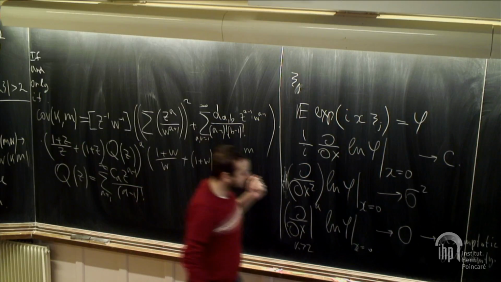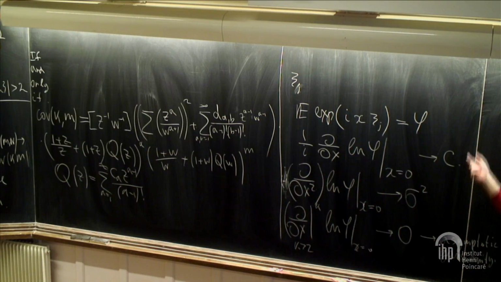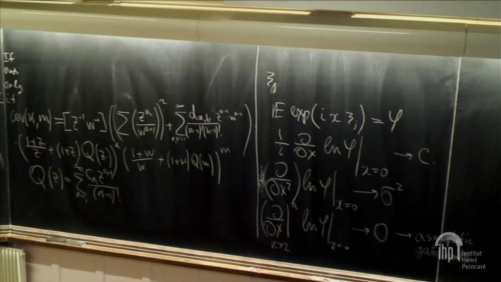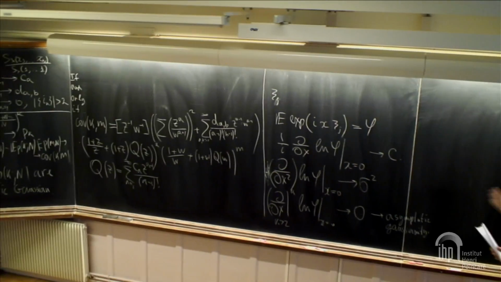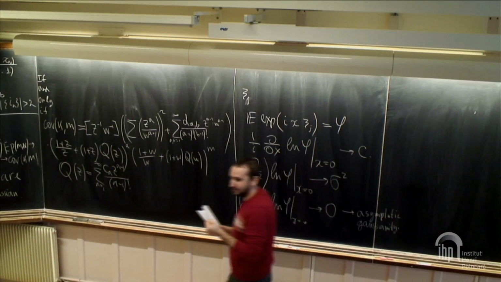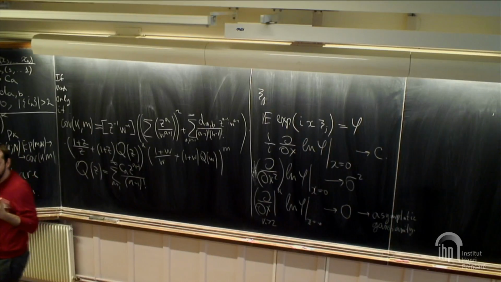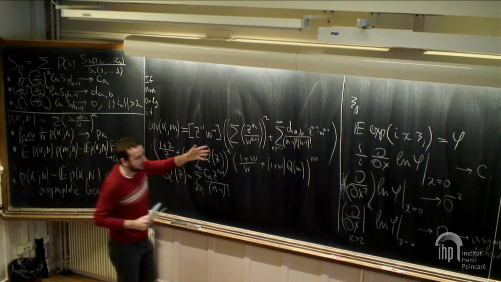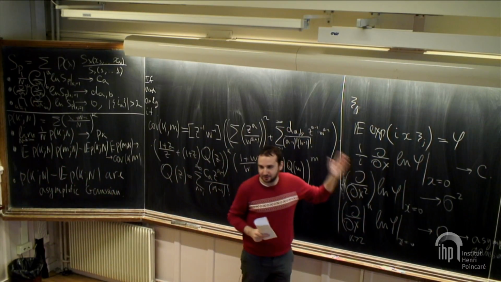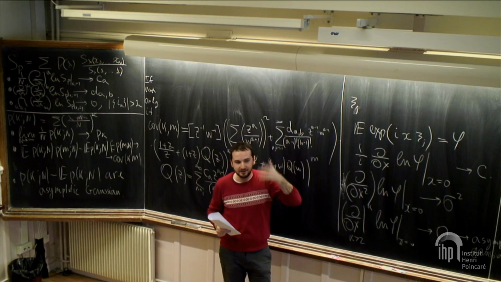Okay, now if you think further, where are these techniques, the convergence of the characteristic functions, usually used? Well, people usually use them in the context of sums of independent random variables, the classical central limit theorem. What is known in that context is that the limit, when you sum independent random variables, is somewhat universal.